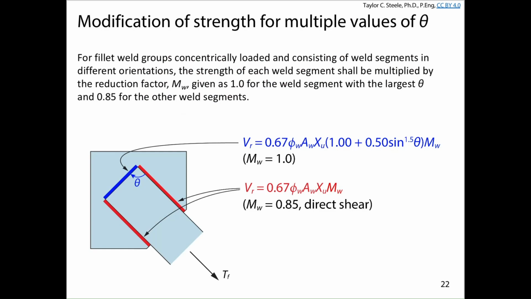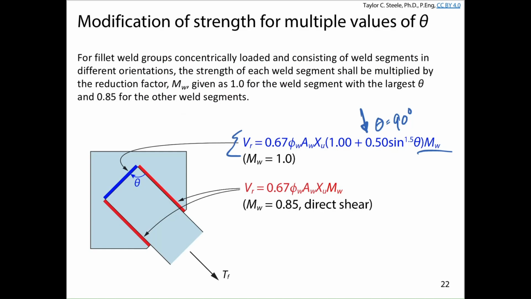When we're calculating the strength of the blue weld here, we're using 0.67 phi AwXu multiplied by the factor to account for here that theta is equal to 90 degrees. And the factor for that weld is just taken as 1. And so we have this weld strength multiplication factor. In this case, we have the segment of weld that has the largest angle.